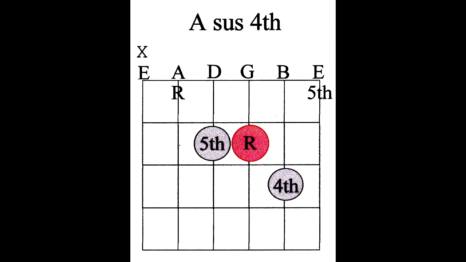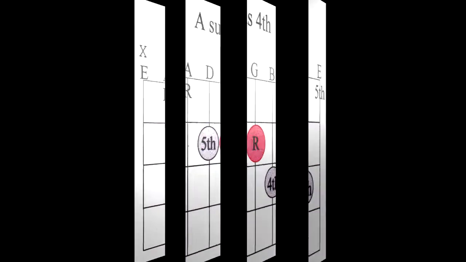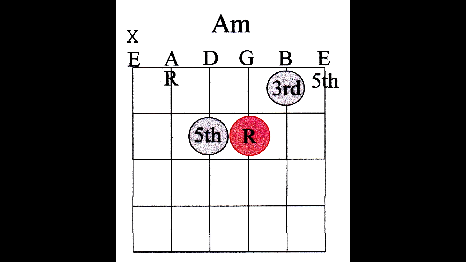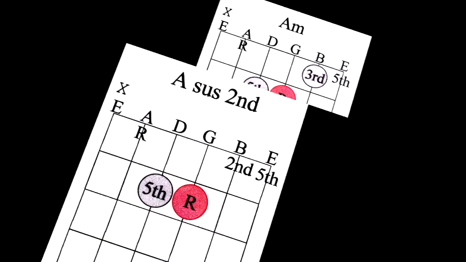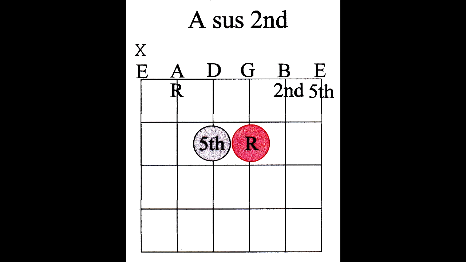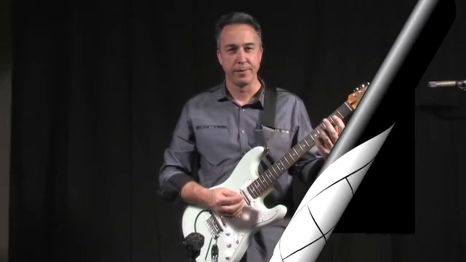By replacing the third with the fourth, we have a suspended fourth. If we flat the third, we have a minor chord. If we replace the third with a second, we have an A suspended second.